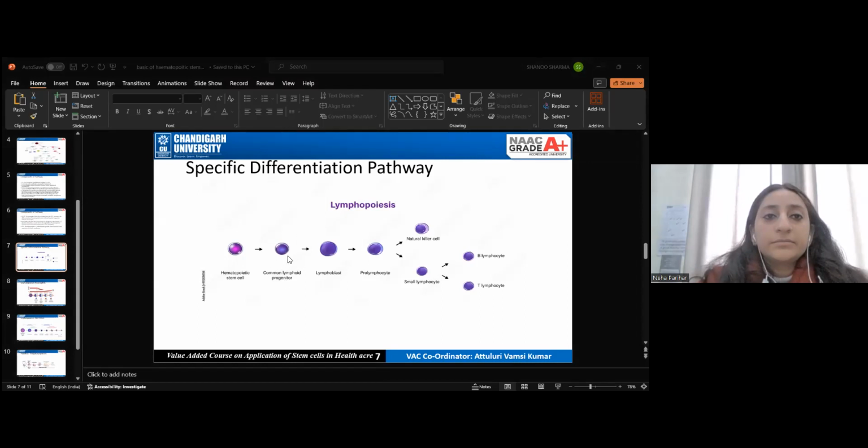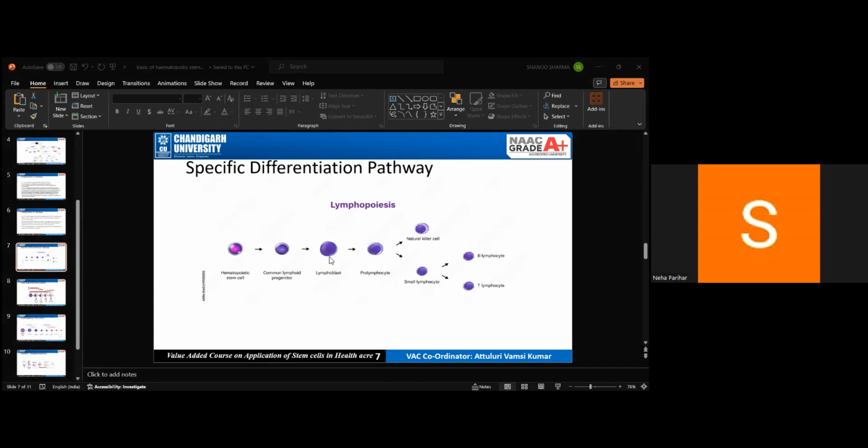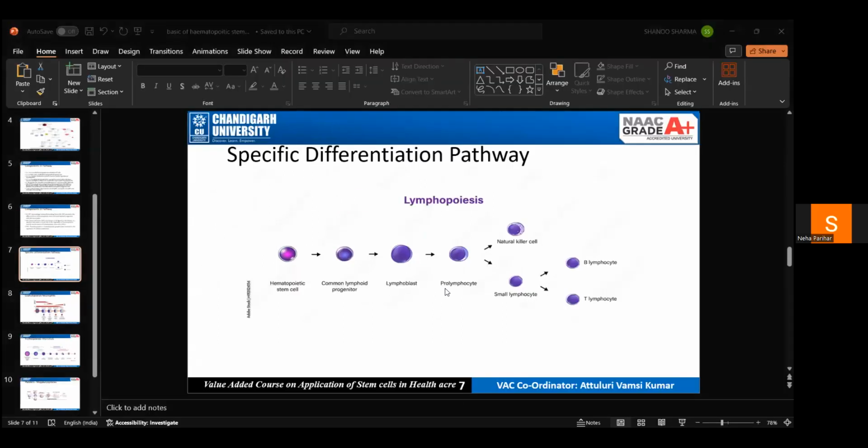Now, with the help of interleukin 3 and interleukin 11, the lymphoid progenitor forms lymphoblast. When lymphoblast forms, after that prolymphocyte will form.